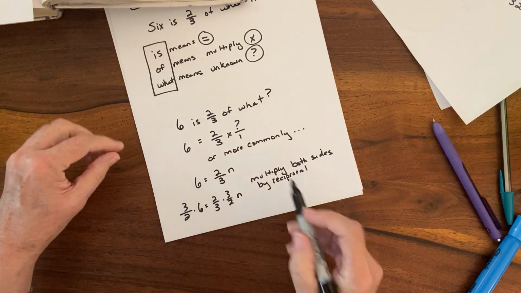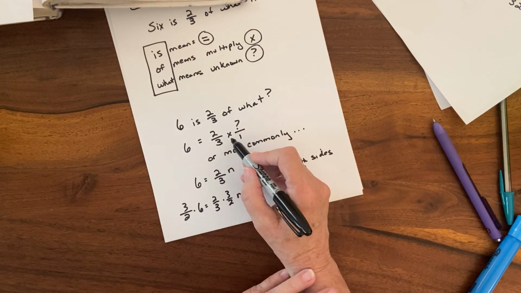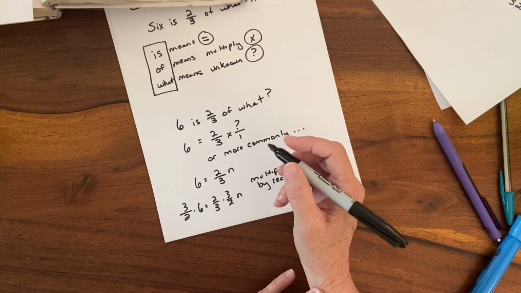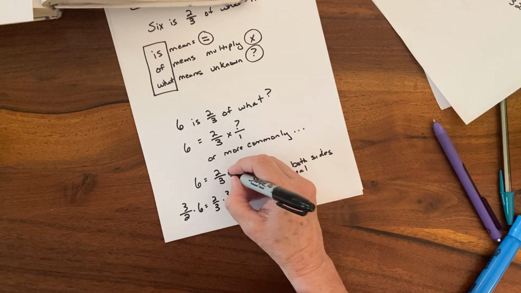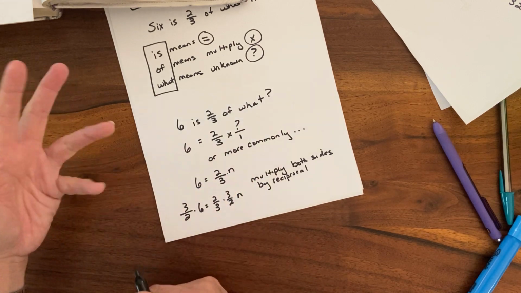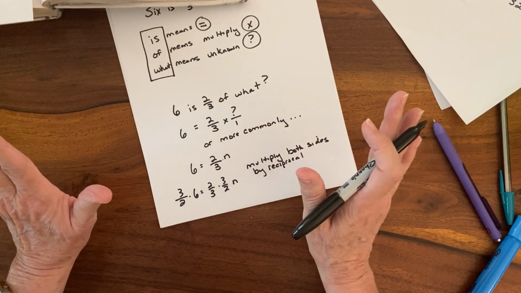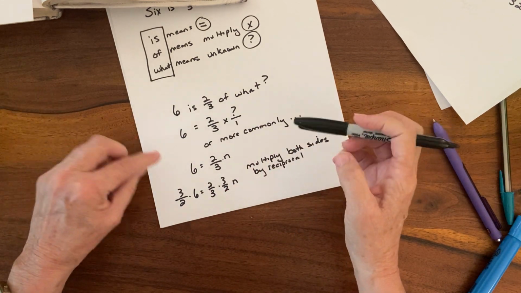More commonly, that x is going to be your variable, so we don't use that necessarily to indicate multiplication anymore. You can use a dot. You can jam a number and a variable together. Again, you don't have to know how to do this, but man, is it handy if you can figure it out.